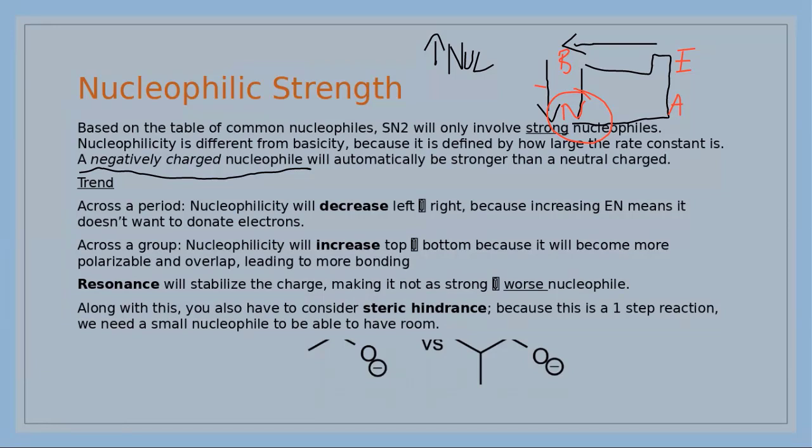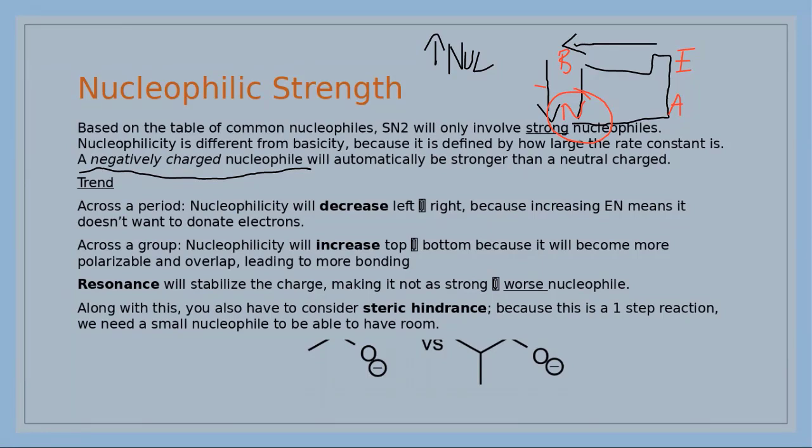With the resonance, because we're spreading out the charge, it's going to actually make it a worse nucleophile. Because think about it, nucleophiles want electron density concentrated in one area because they're going to be attacking an electrophile. But if it's spread out, they can't do it as efficiently. That's why resonance will actually create worse nucleophiles.